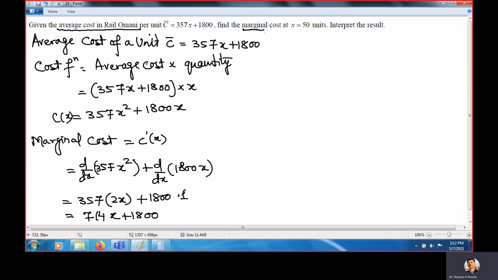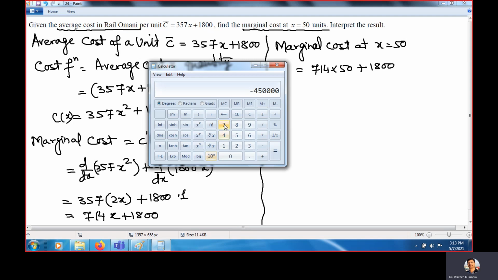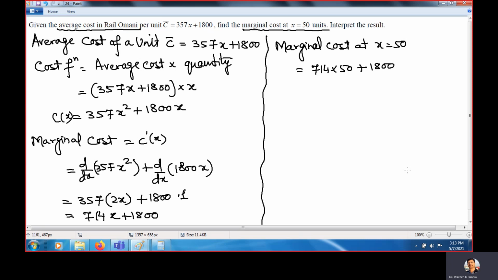Clear? Now he is asking marginal cost at 50 units. So marginal cost at x equals 50 is 714 into 50 plus 1800. So 714 into 50 plus 1800. It is 90,000. So how much are we getting?